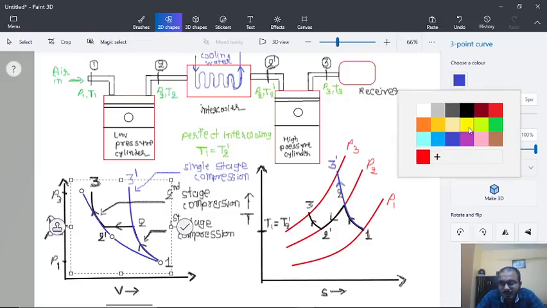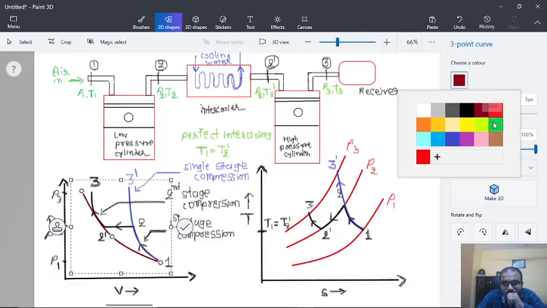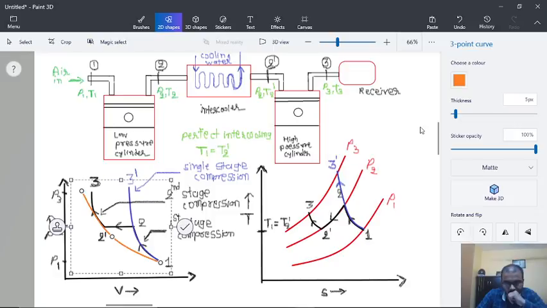We would have obtained that with this process, in this way.